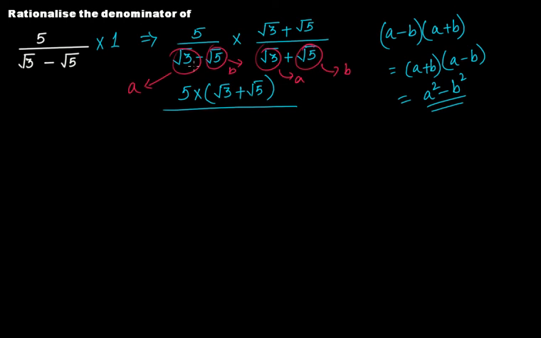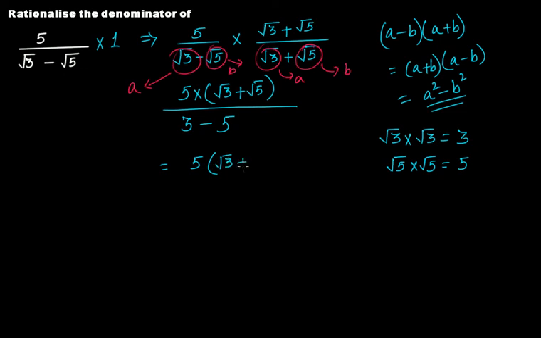So root 3 squared means root 3 multiplied by root 3, which is equal to 3. So from here you get 3 minus, what is root 5 squared? Root 5 squared means square root 5 multiplied by square root 5. That is 5. So this is 3 minus 5. Now this becomes 5 multiplied by root 3 plus root 5, divided by minus 2.